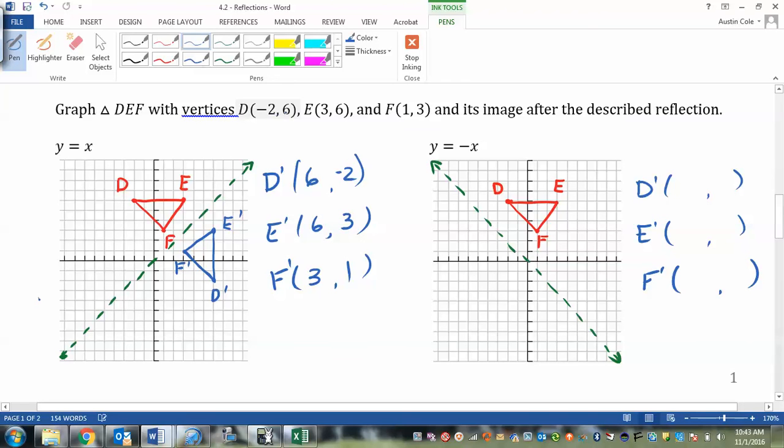So D prime is going to be negative 6, positive 2. E prime is going to be negative 6, negative 3. And F prime is going to be negative 3, negative 1. Okay, let's plot these. Negative 6, 2.